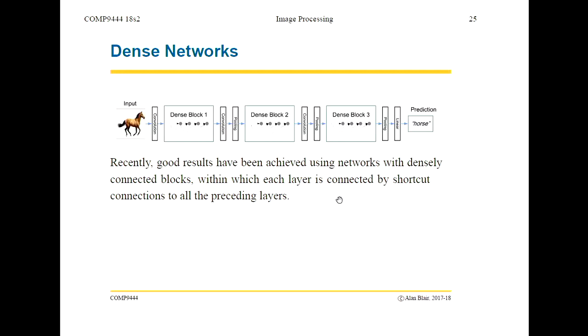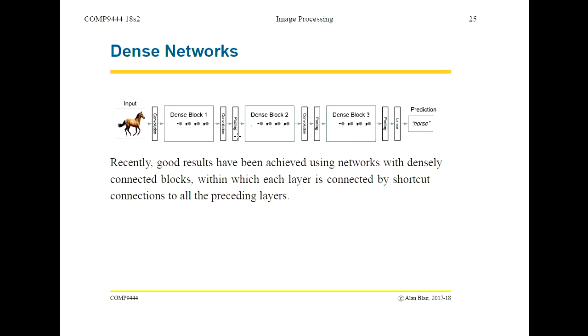But interestingly, if you've got 30 layers in your network, you don't connect every node to all 30 previous layers. You just do it within a block. And then between those blocks, you have some convolution layers and pooling layers.